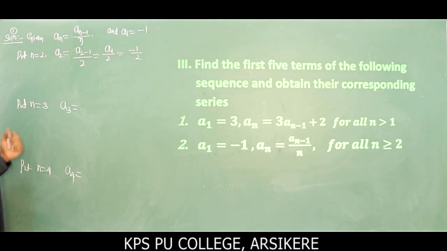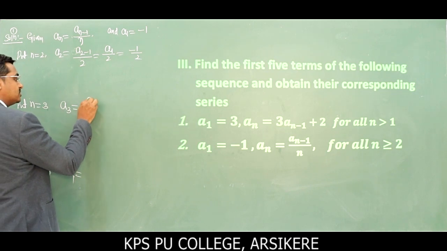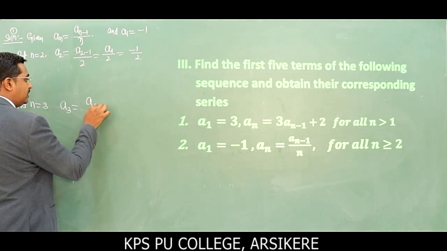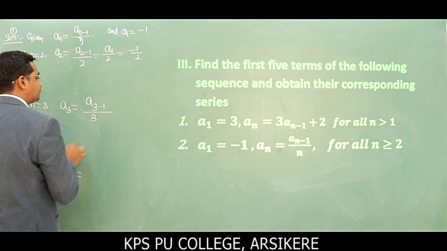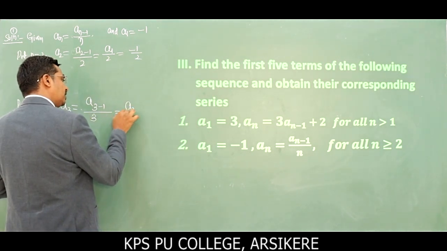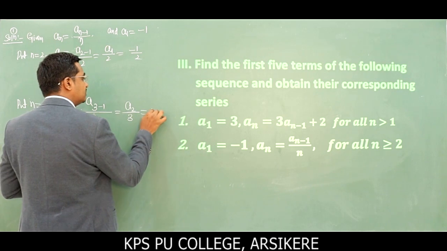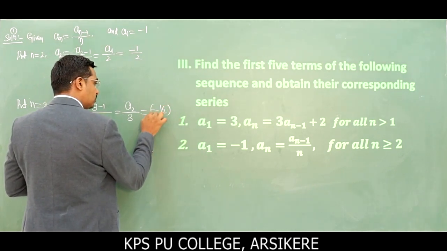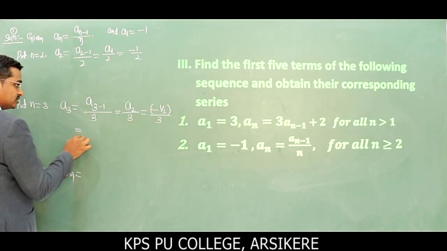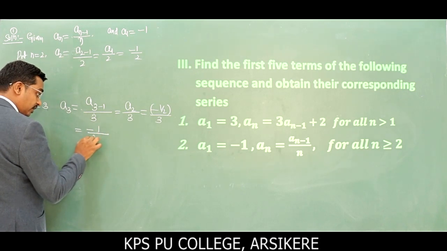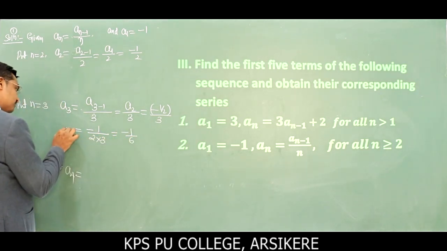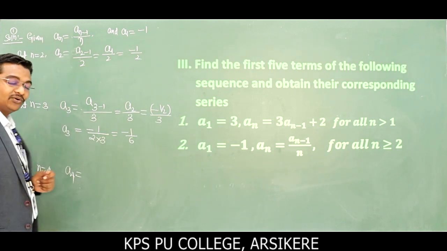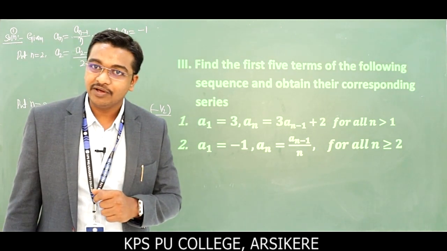Similarly, substitute n is equal to 3. This reduces to a2 divided by 3, which becomes minus 1 divided by 2 divided by 3. This reduces to minus 1 divided by 2 into 3, that is minus 1 divided by 6. a3, the third term, is minus 1 divided by 6.